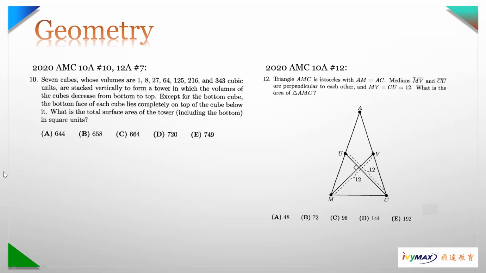Except for the bottom cube, the bottom face of each cube lies completely on top of the cube below it. What is the total surface area of the tower? Basically we just need to find the total surface area of each cube, and we sum them up, and we need to subtract the area that is overlapped by adjacent cubes, right?